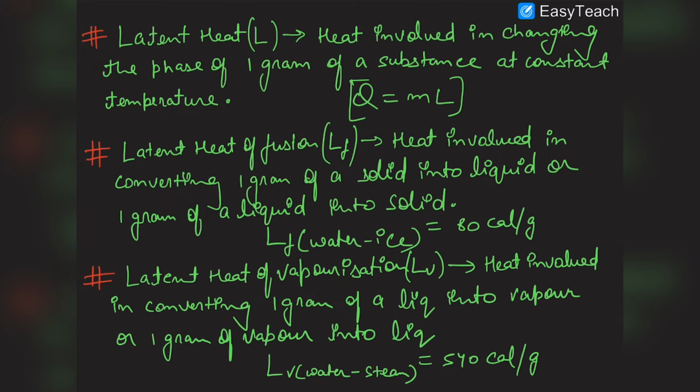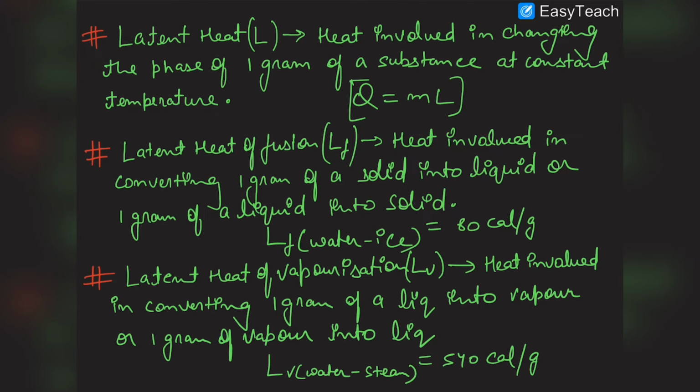We know that when ice falls on the earth and that fallen ice melts, the melting requires 80 calorie per gram. And when such a huge amount of ice melts, the total heat required by that ice to melt is m into 80.